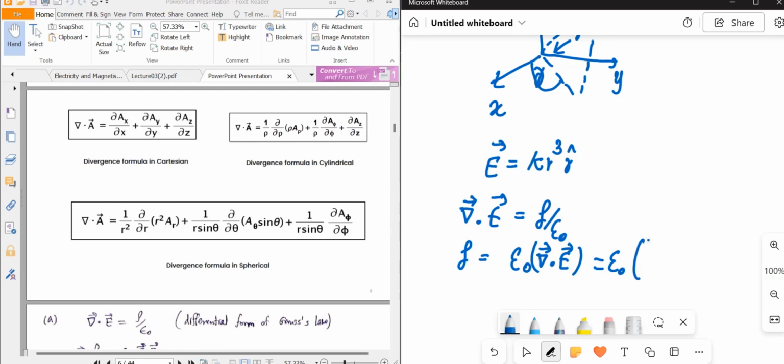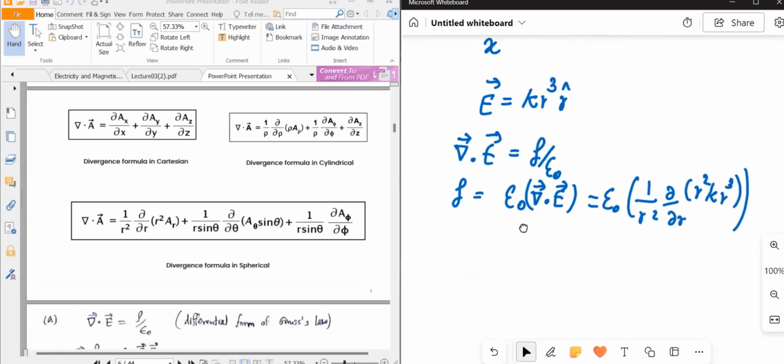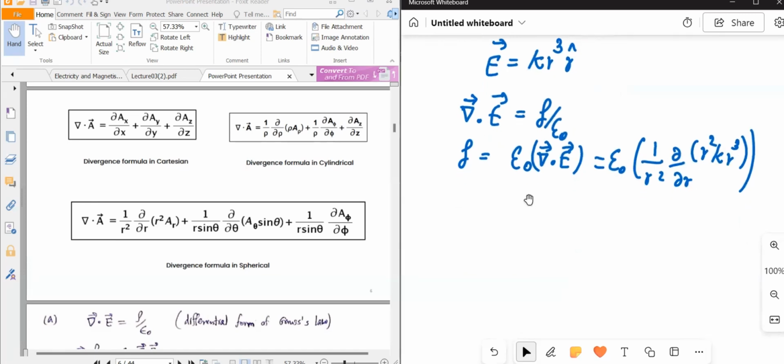So we can write epsilon naught times 1 over r squared, del over del r of r squared times the r component. Now the r component of E, we have K r cubed. So simplify this one and calculate the charge density.